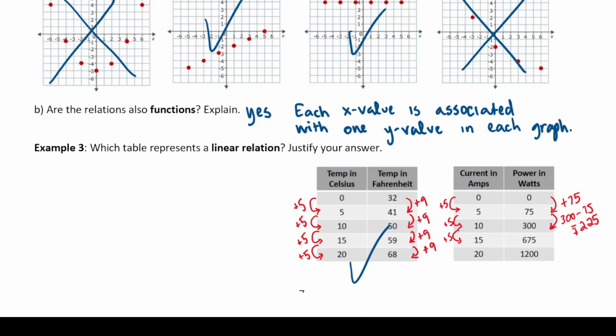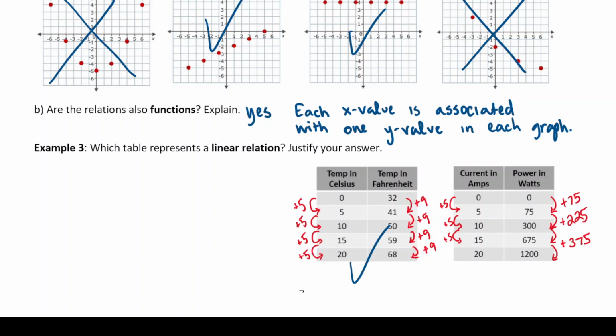That is not a consistent increase. And then here again, I get another difference. It's plus 375. And then here, it's different again. So because there's no consistent increase, it's not the same amount every time. I'm going to erase some of this annotation here just to make it a little more clear.